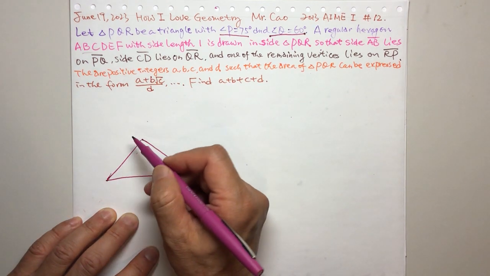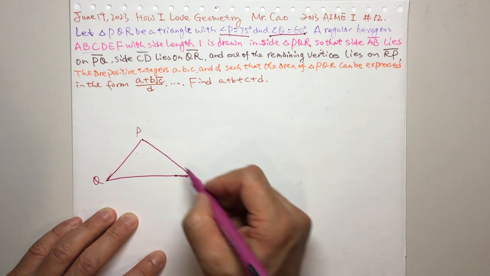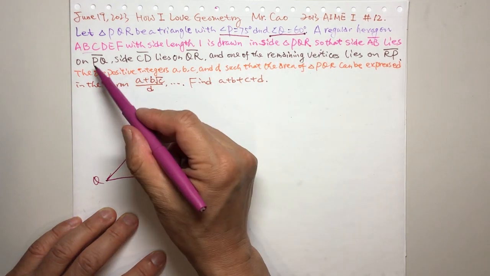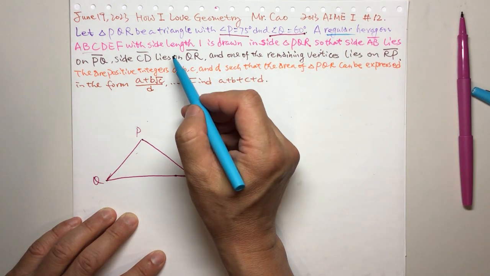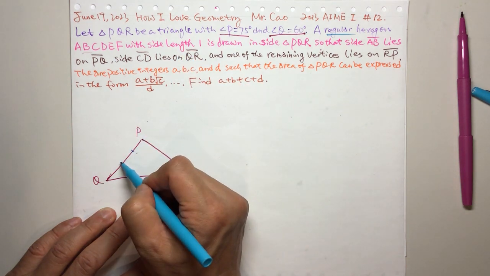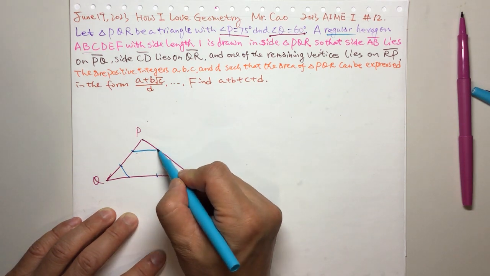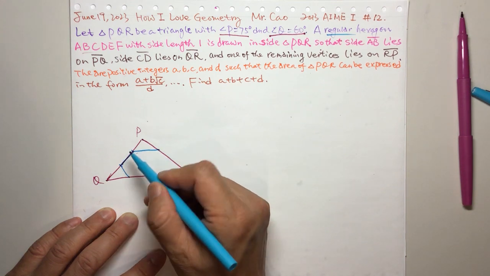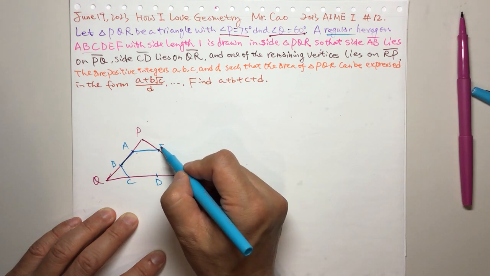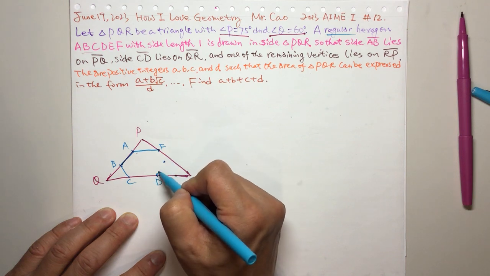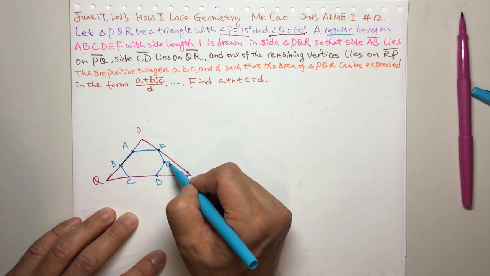Here is triangle PQR and the regular hexagon ABCDEF. The regular hexagon has side length 1. Here are A, B, C, D, E, F.